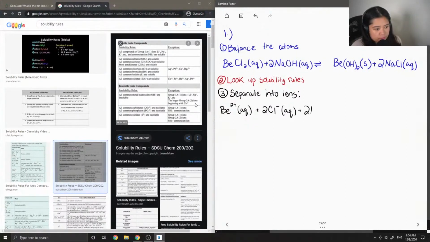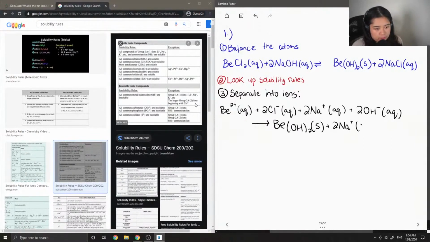We get 2 Na plus ions. And we get 2 OH minus. Our solid stays the same. And then our sodium chloride is dissociated to Na plus and 2 chlorine minus.